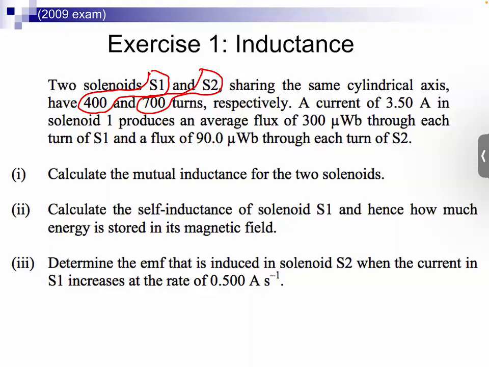A current of 3.5 amperes is flowing in solenoid 1. That produces a flux of 300 microwebers through each of the turns of solenoid 1 and 90 microwebers through solenoid 2. And we are given some questions that we need to answer.